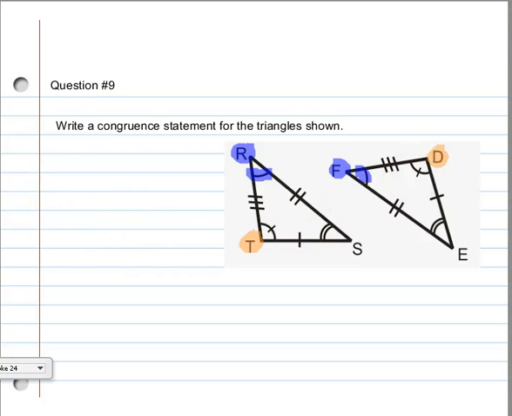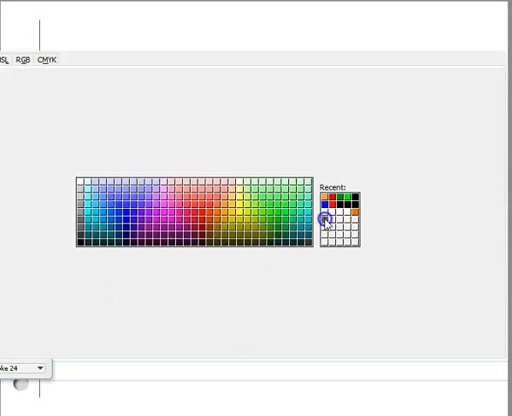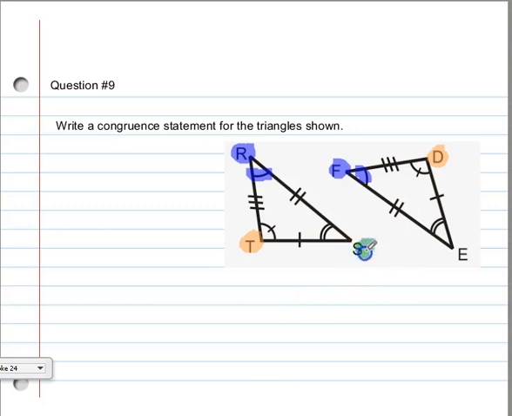And then S corresponds with E. We can use that to help us write our congruent statements. We could say triangle RST is congruent to triangle FDE. So don't go by alphabet alone. You have to go by corresponding parts.